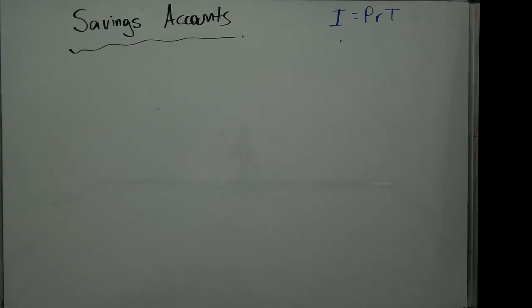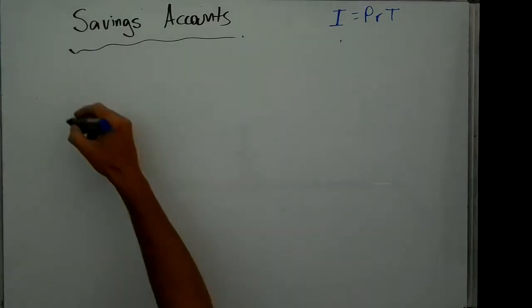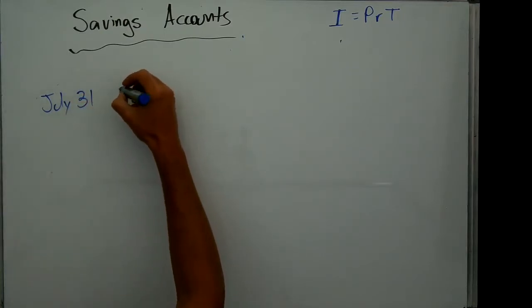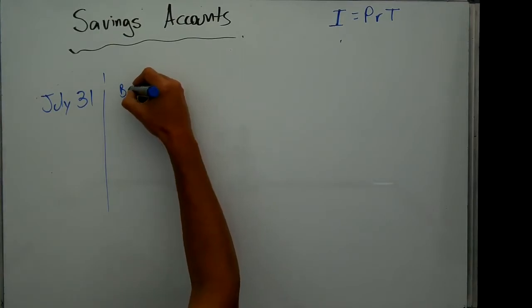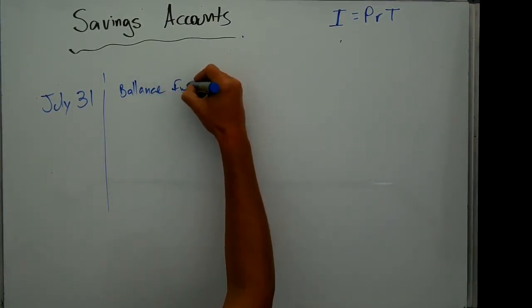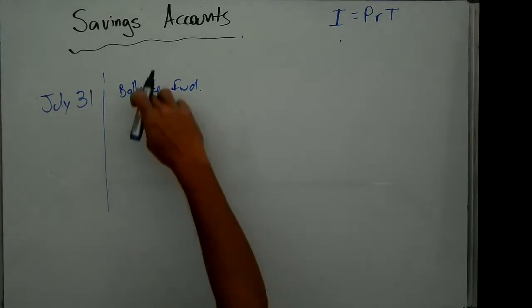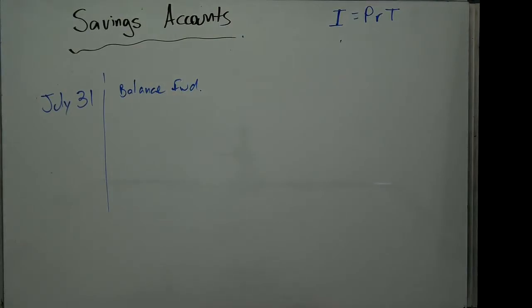So the first thing is to create the account. So what we're given is first, which is the balance brought forward. Balance brought forward.